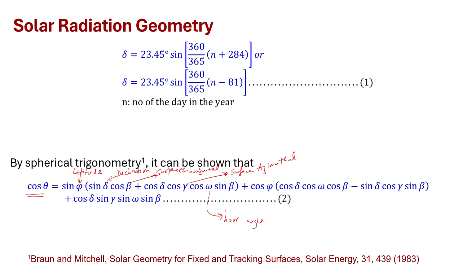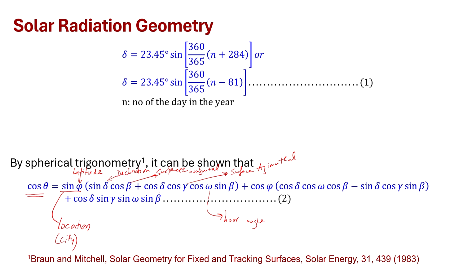So, this factor takes care of the location, that is the city or place. This factor takes care of the day of the year. This factor takes care of the position of the surface with respect to horizontal, and this factor again takes care of the position with respect to due south.